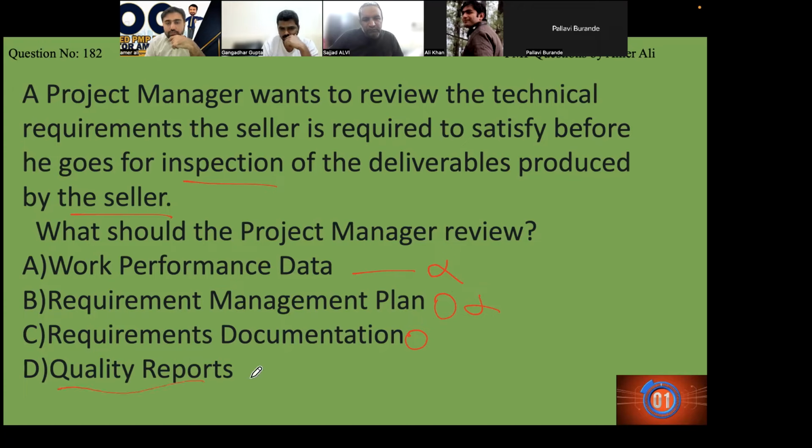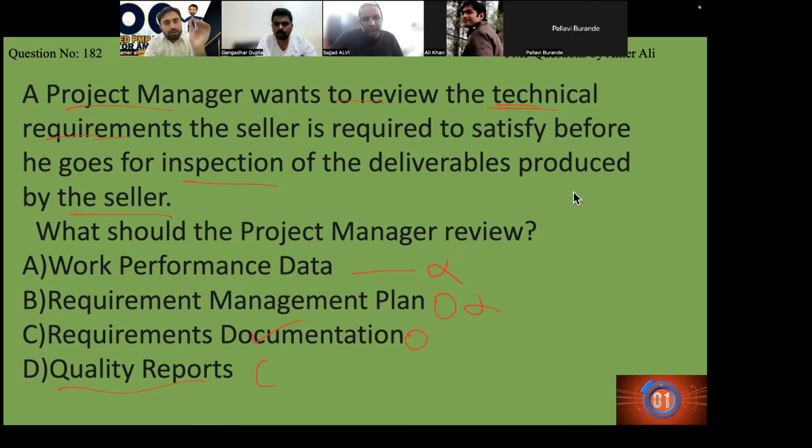Quality reports tell us what things in the quality have been produced. It's an output of execution. A PM wants to review the technical requirement. The requirements will be in the requirement documentation. C would be the right answer.